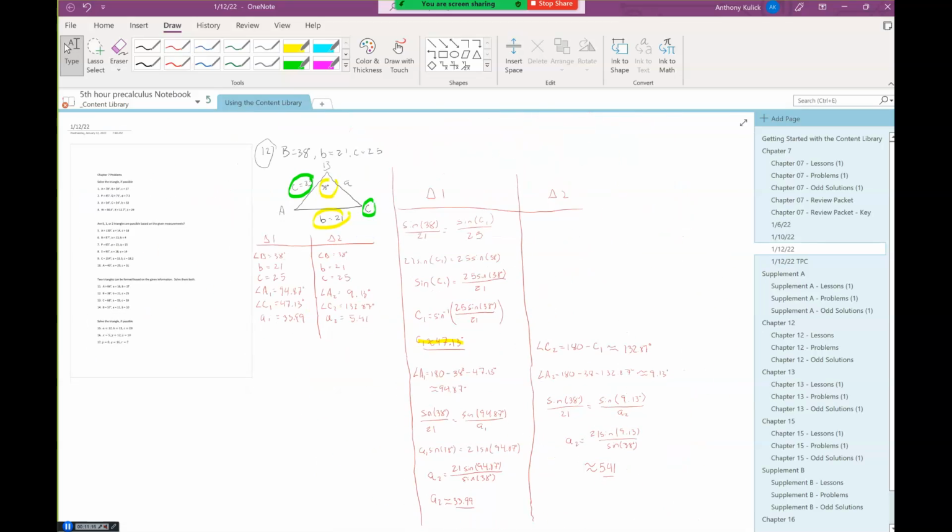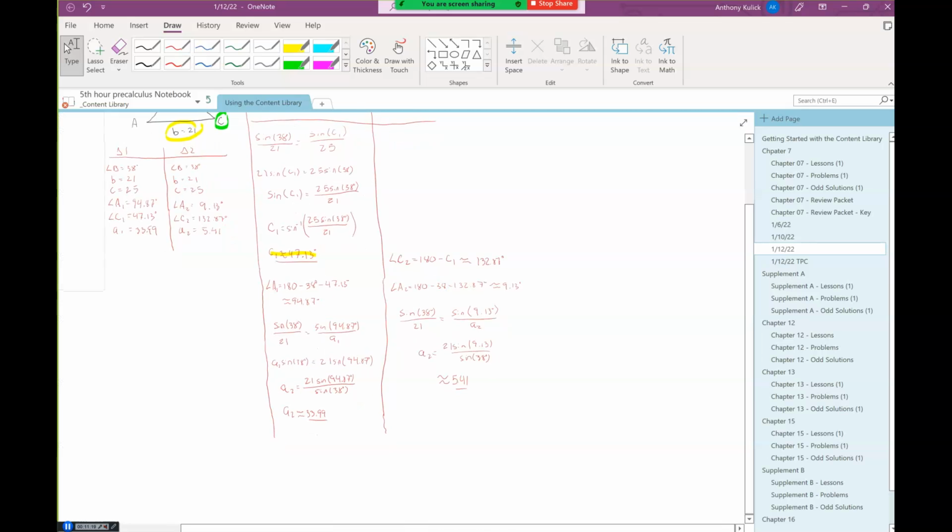So that's my problem. Now, other than being long, it's not too bad, right? I mean, just time consuming because there's a lot of things to find. But none of the individual solving steps are very complicated.